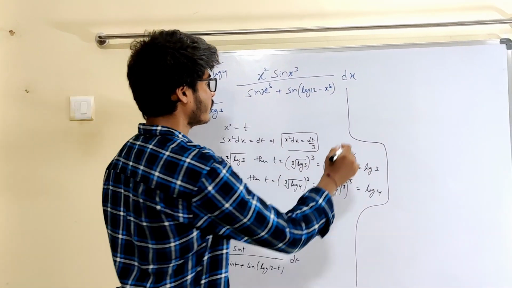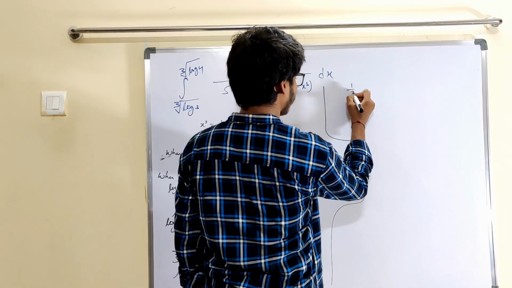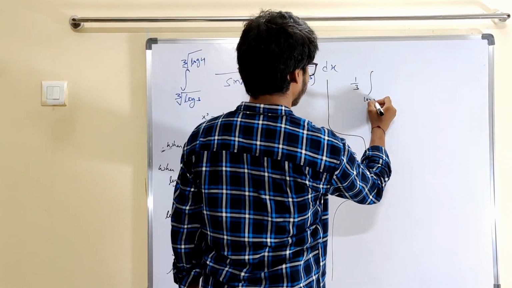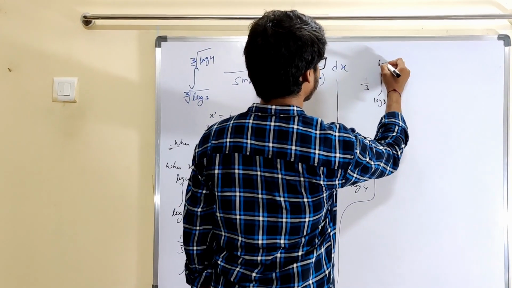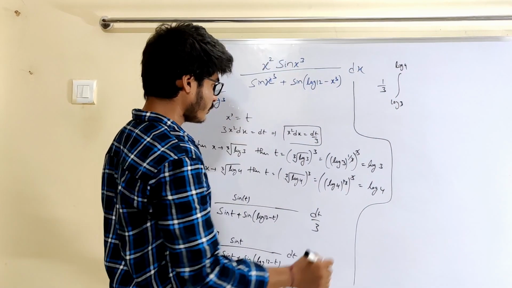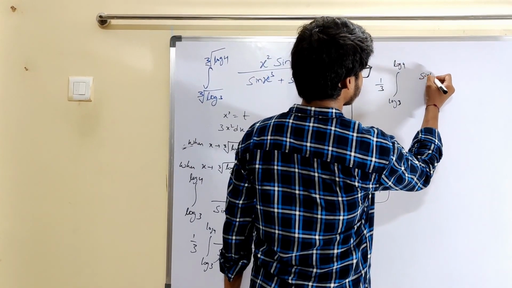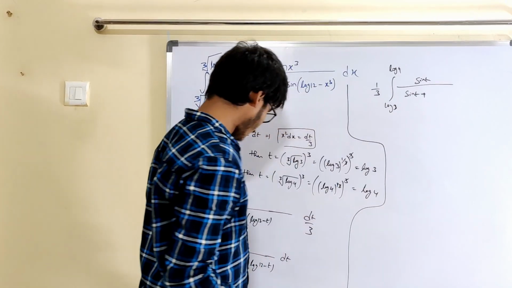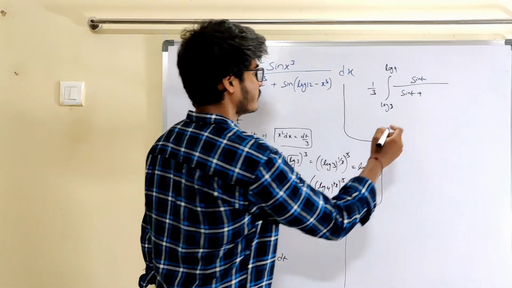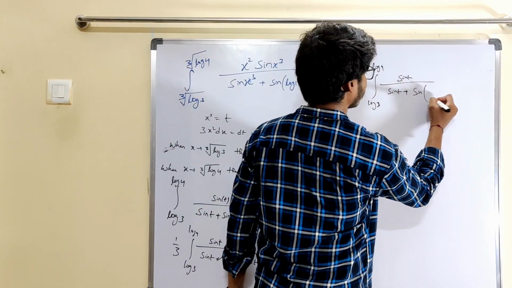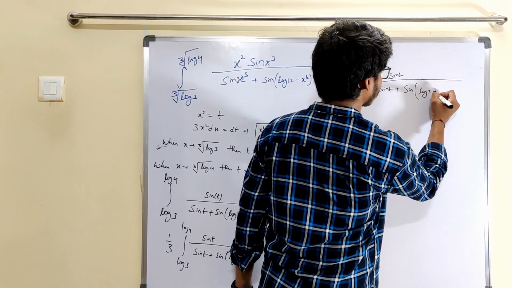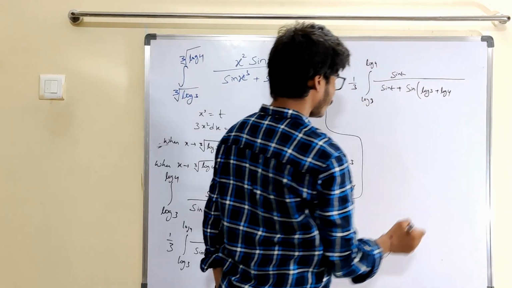Now we will write it here: 1 by 3 integral log 3 to log 4 sin t by sin t plus sin of log 12 minus t dt, where log 12 can be written as log 3 plus log 4.